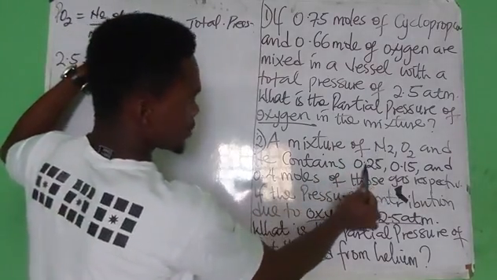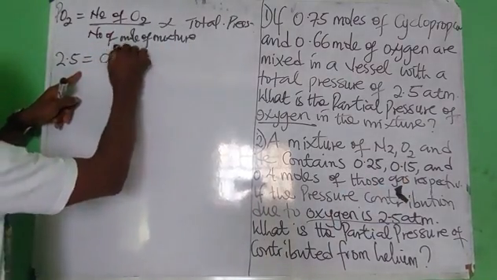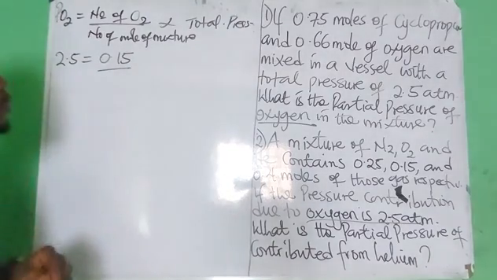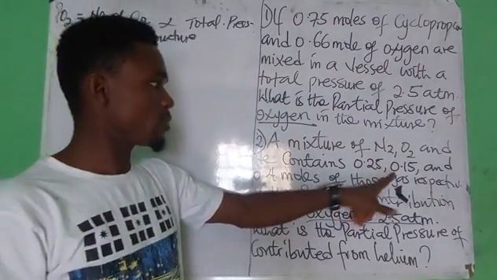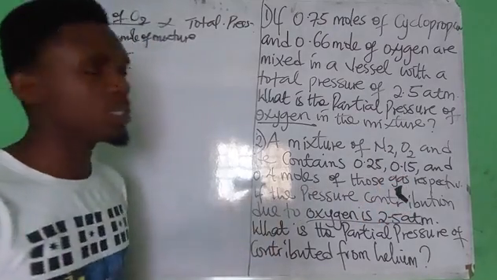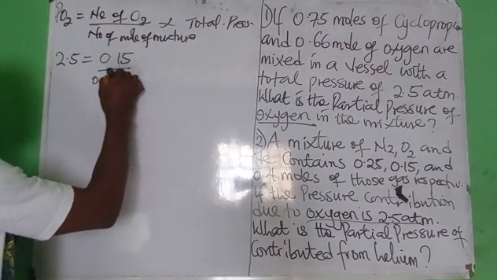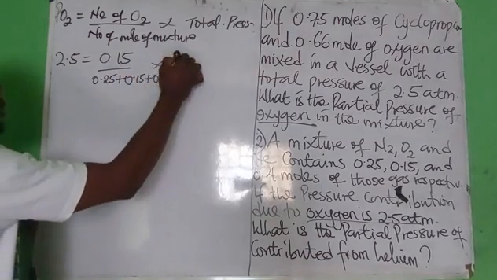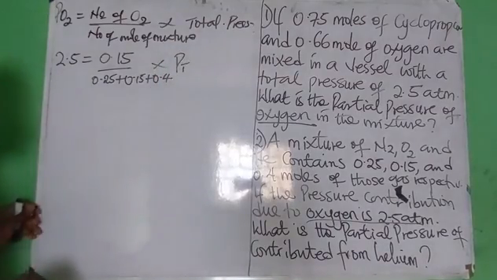That is 0.15. But the total number of moles of mixture means 0.25 plus 0.15 plus 0.4, times total pressure, because it was not given.